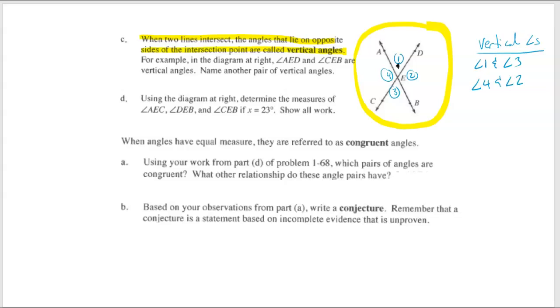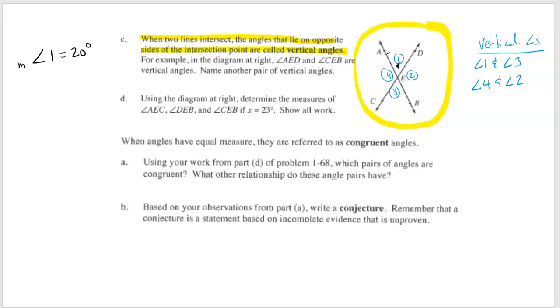Now, the great thing is that once you actually know one of these angles, you can find out the other three. So let's pretend that the measurement of angle 1 was, say, equal to 20 degrees. I want to find the rest of my angle measurements. Well, what do I know?